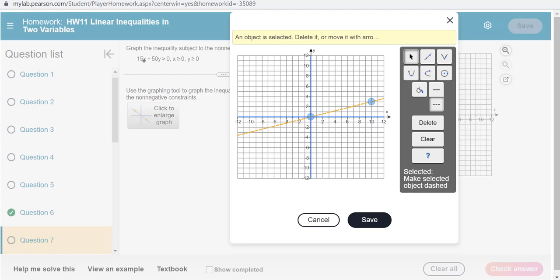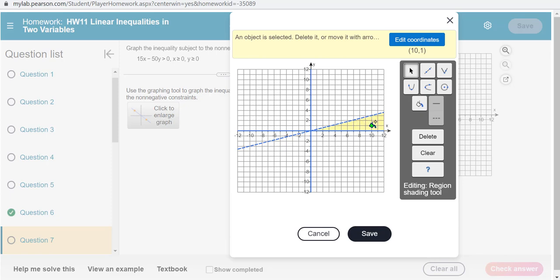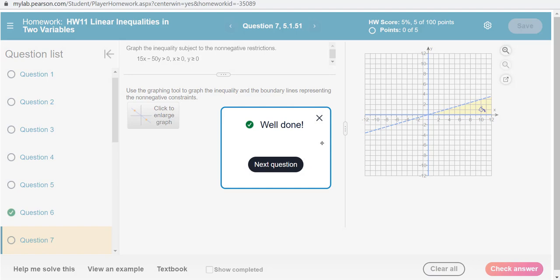If x is 10 and y is 0, I'd get 150 bigger than 0. That is a true statement. So I want to shade that region that would contain 10, 0 with respect to that dashed line. So save and check, and that is how it's done.